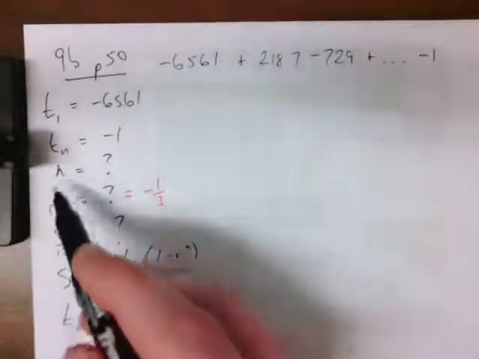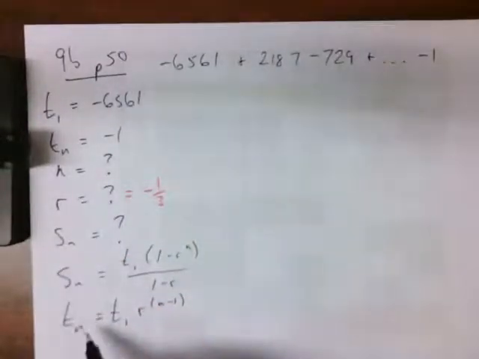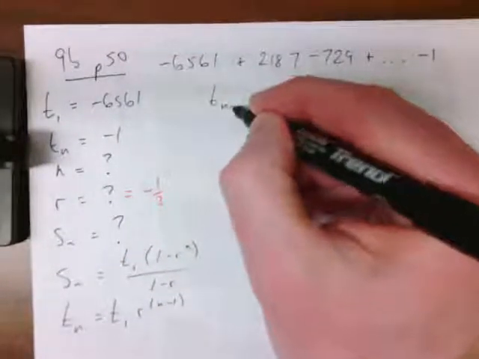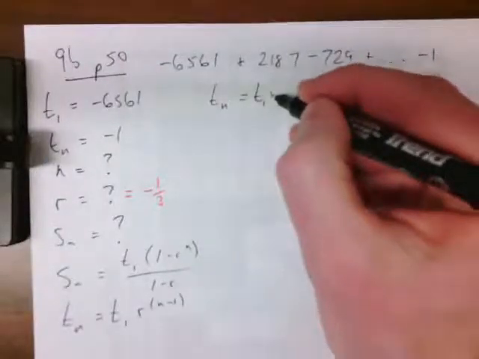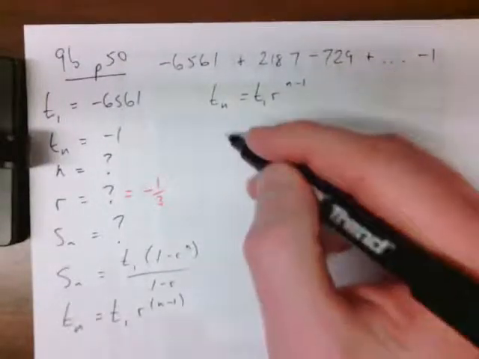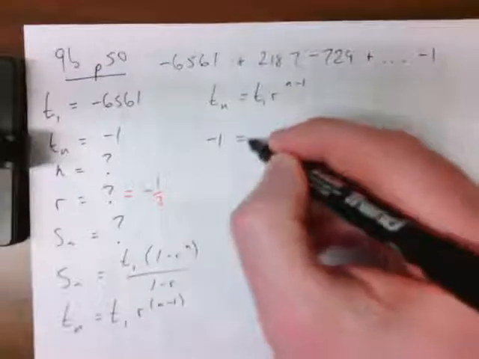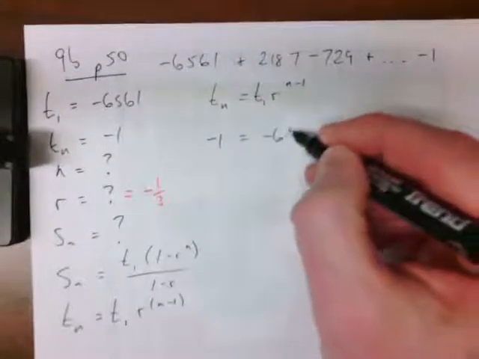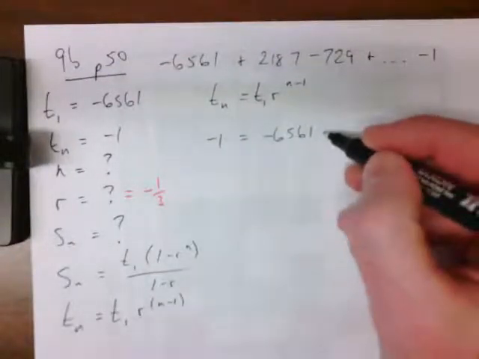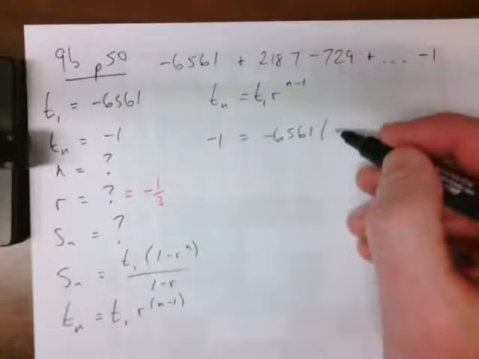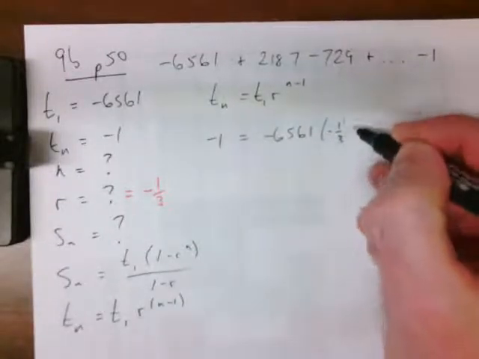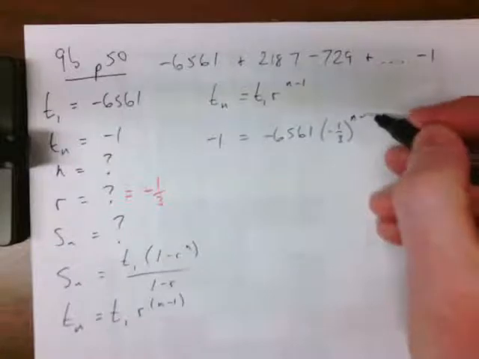We need to figure out what n is, so we're going to use this formula: Tn equals T1 times r to the n minus 1. Tn is negative 1. T1 is negative 6561. r is negative 1/3 to the power of n minus 1.